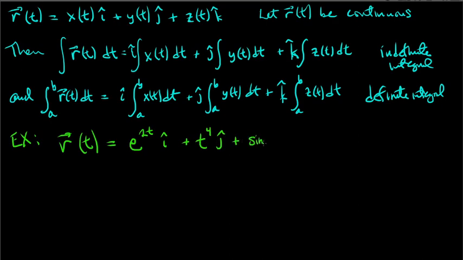How about hyperbolic sine of t times k? And I think not that long ago I said we're not going to worry about hyperbolic sine and cosine very much, but if it comes up, you can always look it up. It shouldn't be hard. So what do we want to do? Let's find the indefinite integral of r.